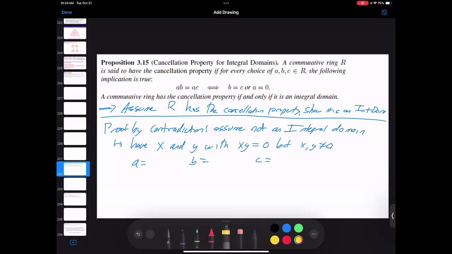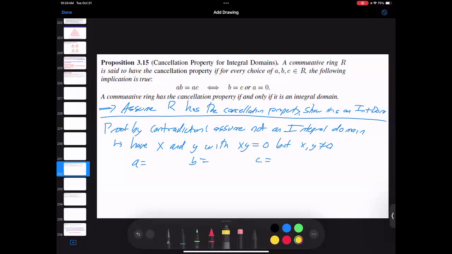Which direction are we going again? We're assuming R has the cancellation property, and we're showing it is an integral domain. So we're going to do a proof by contradiction. So we're assuming it's not an integral domain. So that gave us two elements, x and y, whose product is 0, but neither one of them is 0.